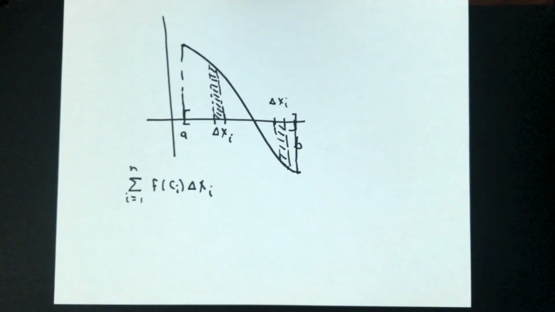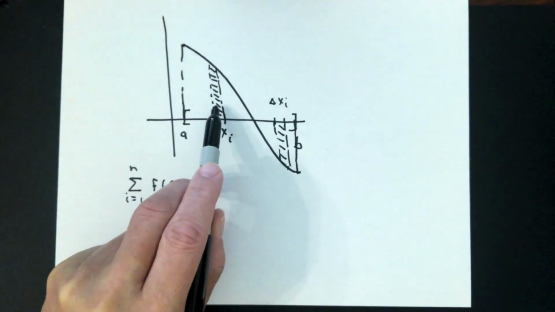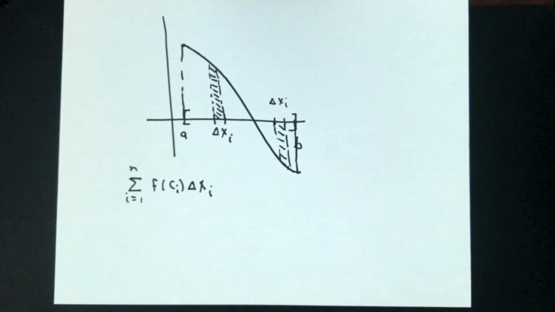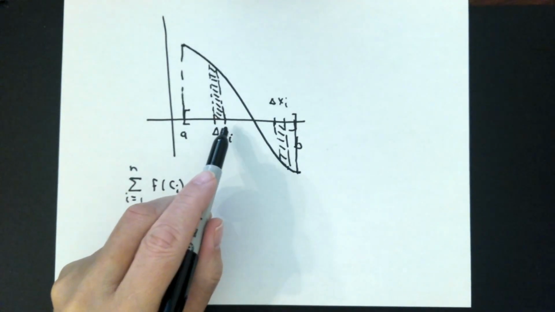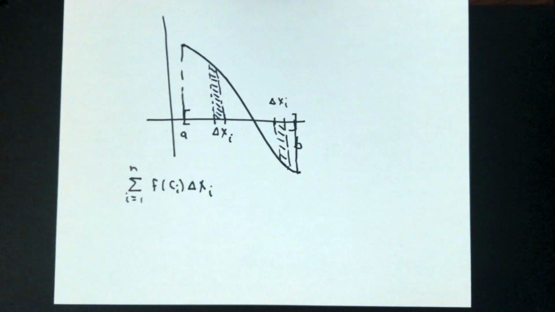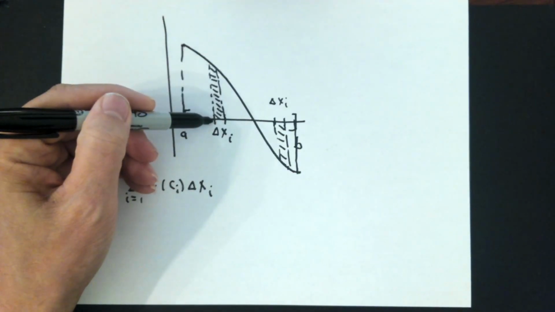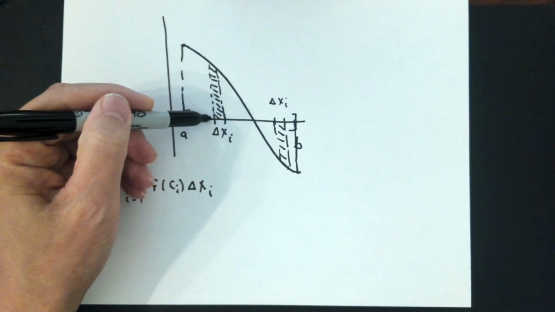If the function isn't always positive on the interval from a to b, though, more care must be taken. Thinking about these sums, if I'm looking at a place where the function value is positive, like this place, for instance, then delta x i times f at ci will be the length across the bottom times the vertical height. That number will be positive and is an approximation to the area beneath the curve above the x-axis that goes with this chunk.